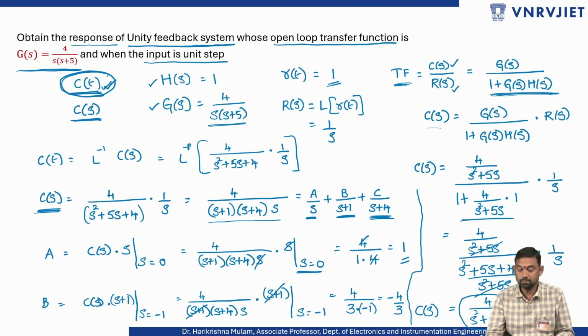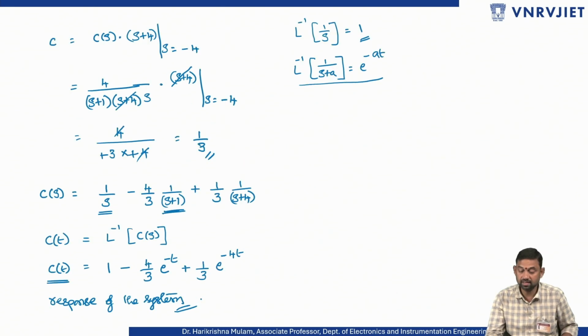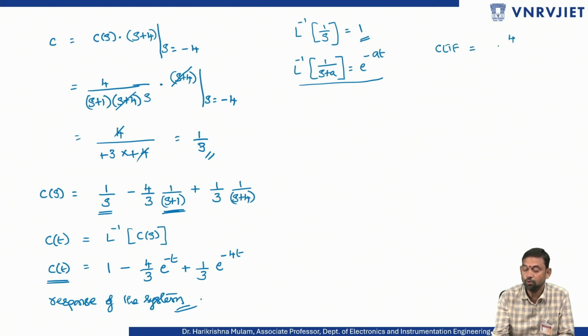So the closed loop transfer function is 4 by s square plus 5s plus 4. Though we have completed the problem as per the problem statement, I wanted to discuss one or two points.